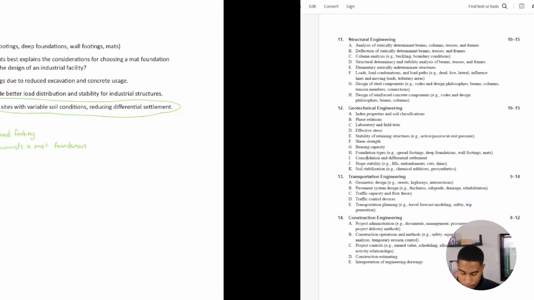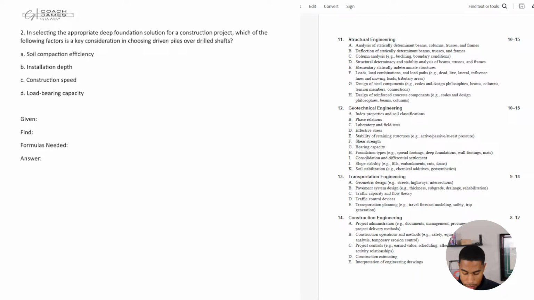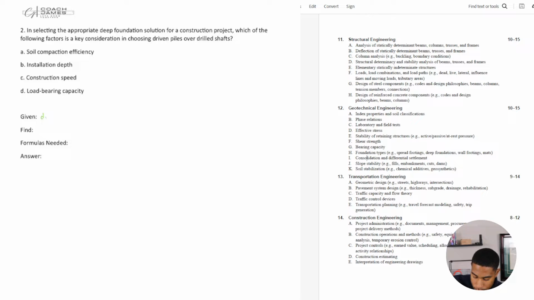All right, let's look at number 2. Number 2 says, in selecting the appropriate deep foundation solution for a construction project, which of the following factors is considered a key consideration in choosing driven piles over drilled shafts? So we're looking at driven piles versus shafts.